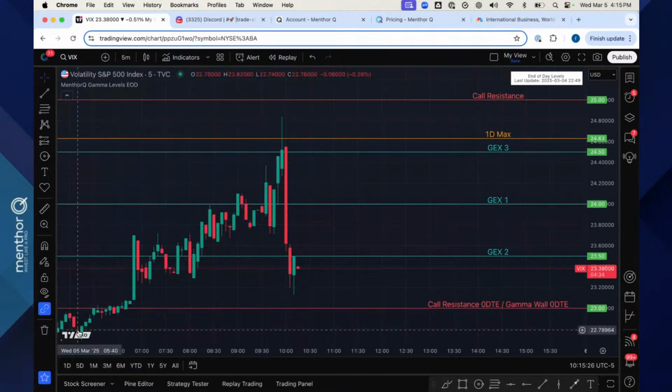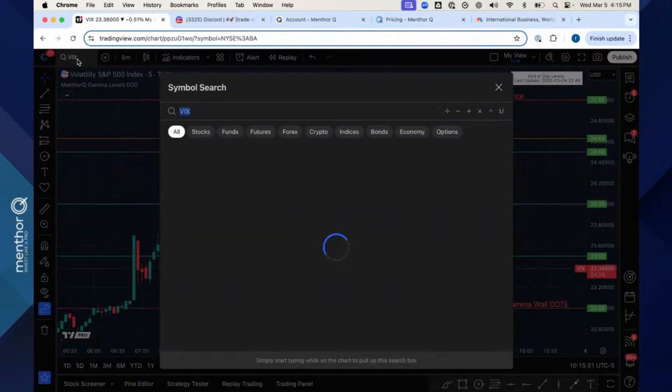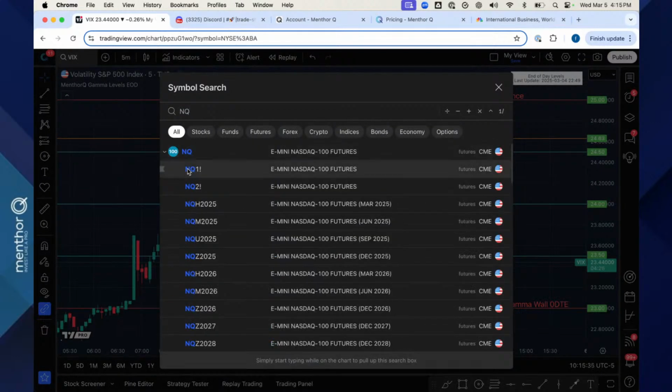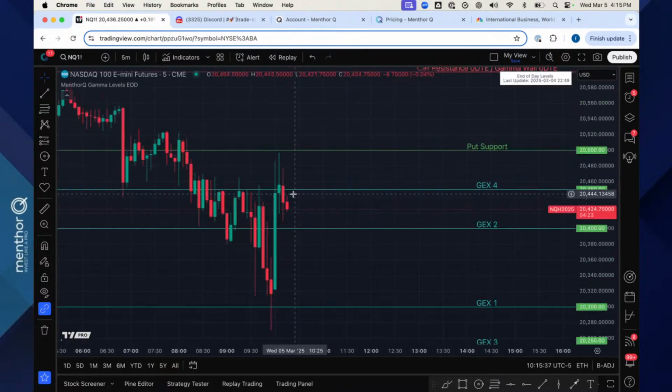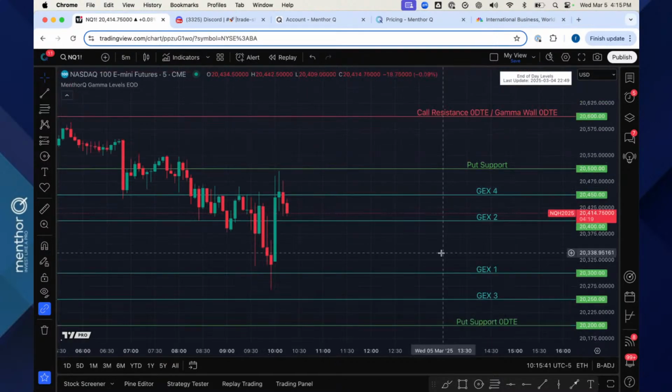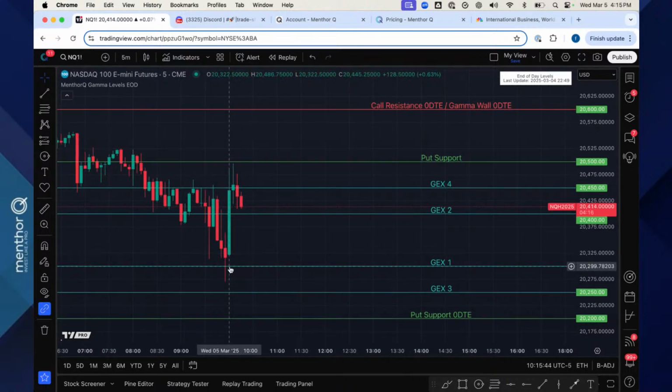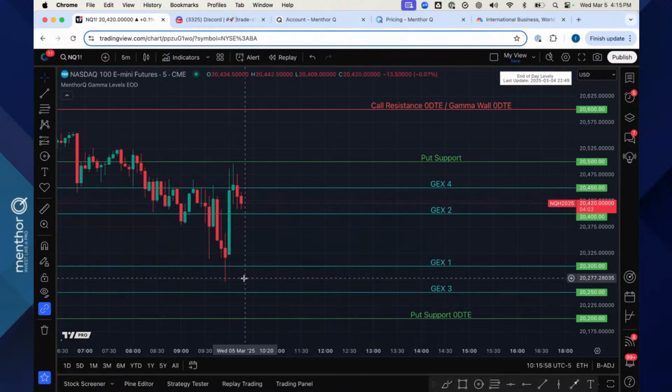So if we see GEX1 on the NQ at 2300, we have an ATR maybe of 20, or we have a pin risk of 25 points. So basically I will go 30 points, bring my max loss to 30 points or 35 points, and then I let the position run. I have a good risk reward, really simple and easy, Fabio. And I think that's something why I'm really liking MenthorQ.